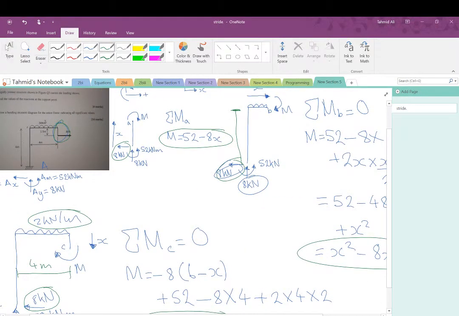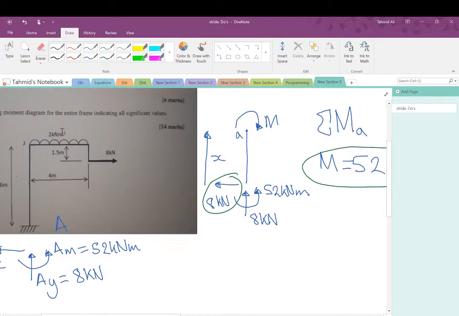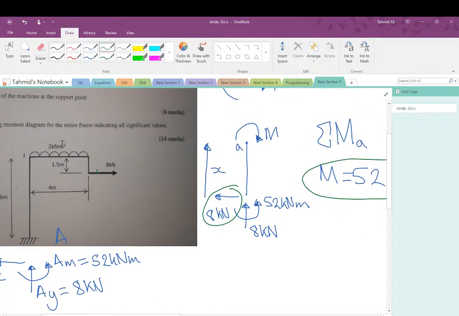We've done it from here, and then we've gone here, and then we've gone here. However, there's no reason why you can't do it the other way around. We could have started from here, and then went there, and then went there. It would still be the same.